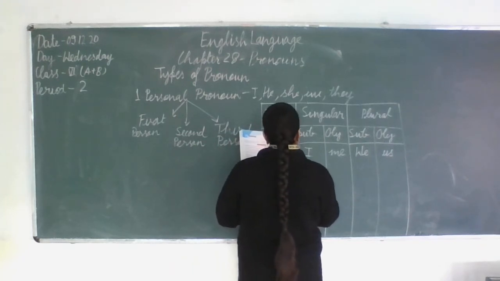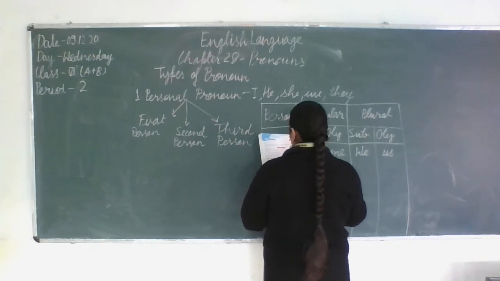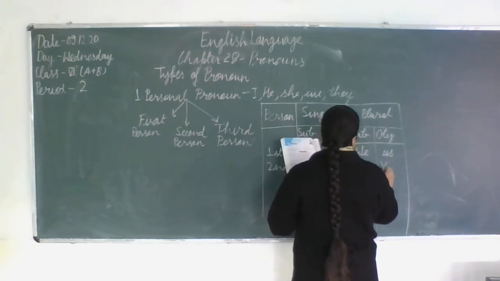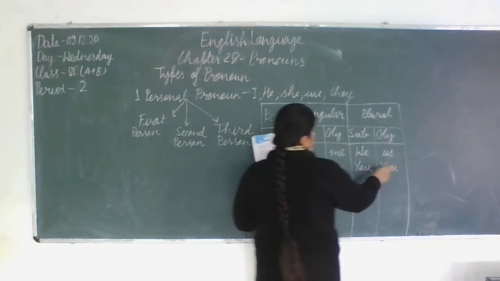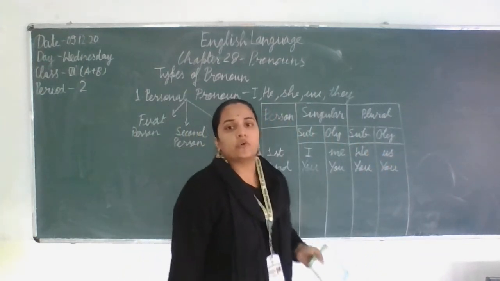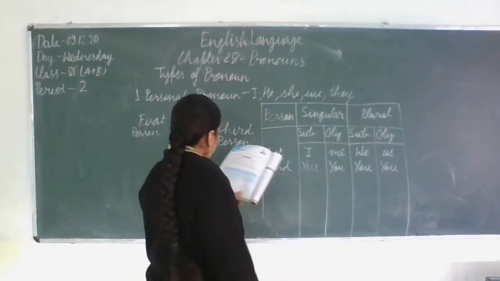In the subject, it will be you. For the object, also it will be you. And in the plural, also for the subject and the object, it will be you only. In all the four categories, we will use you only.